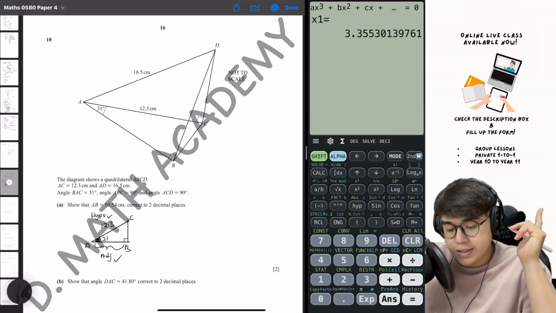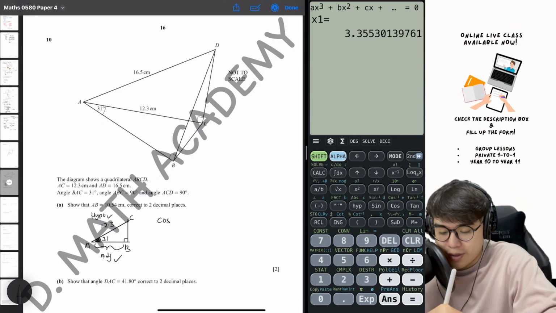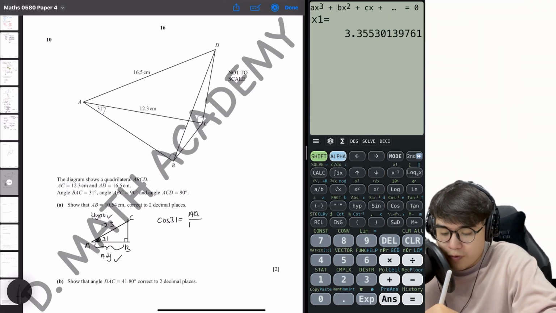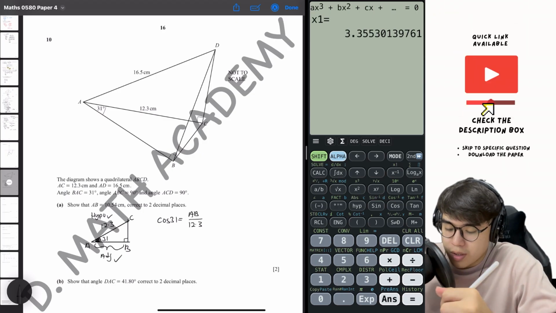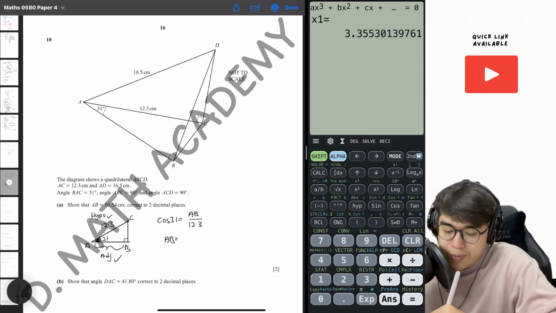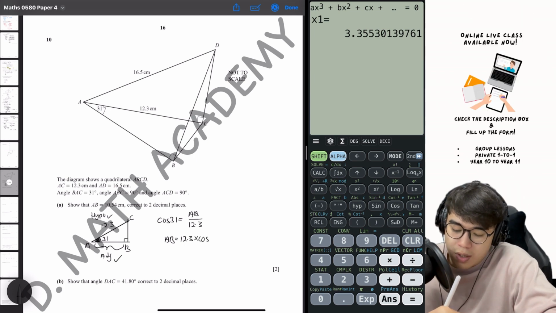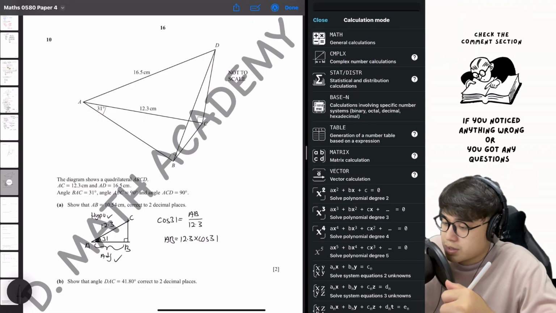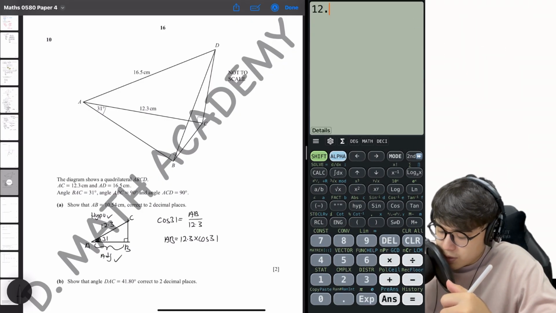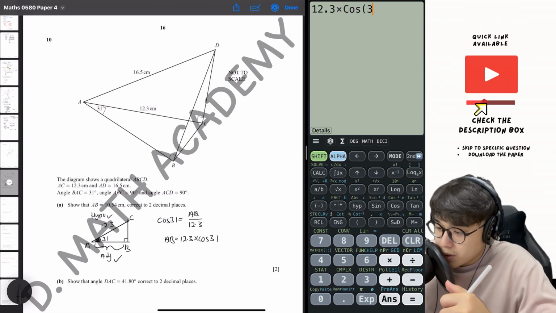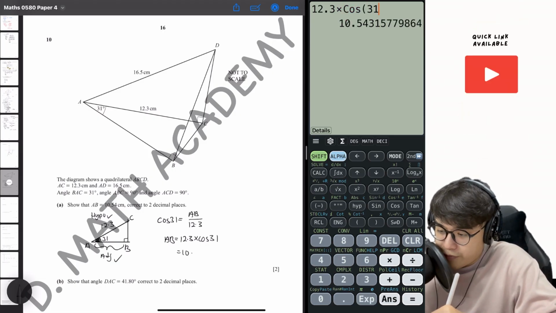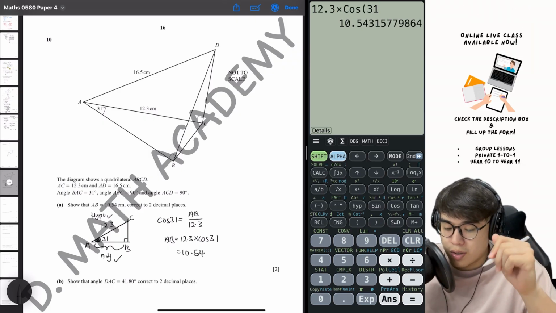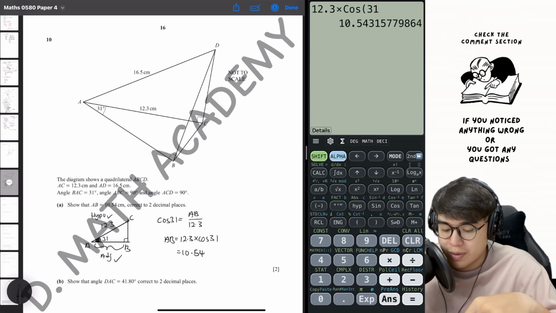So it's cosine 31 equals AB over 12.3. So AB will be 12.3 times cosine 31. And the answer is 10.54. So this right here is your answer after correcting it to 2 decimal places.